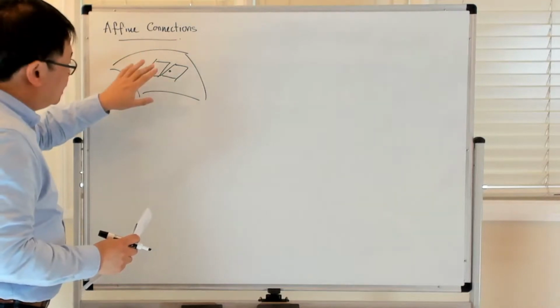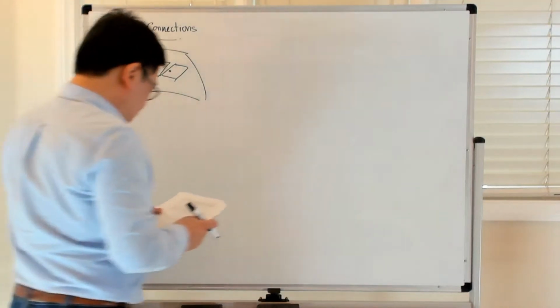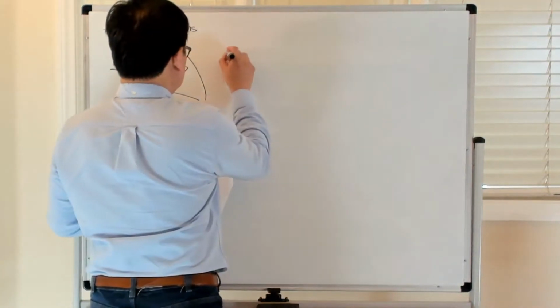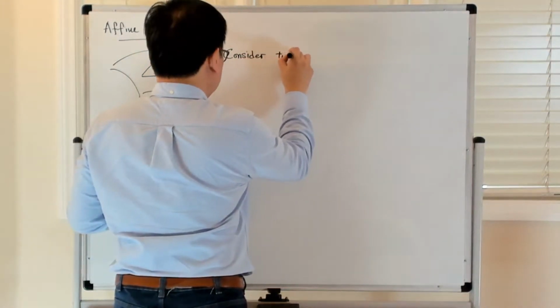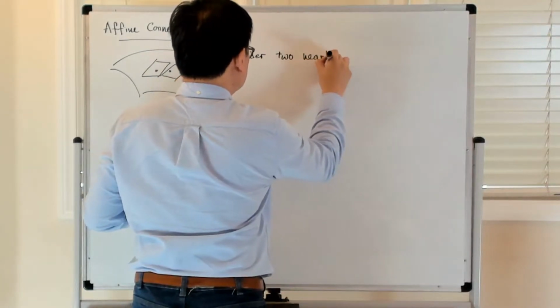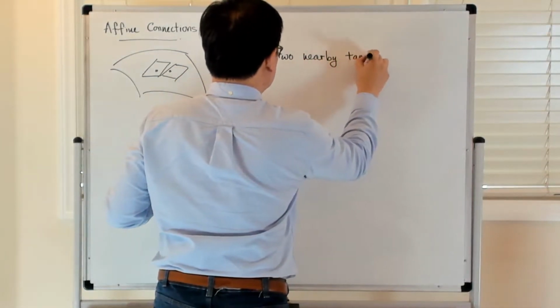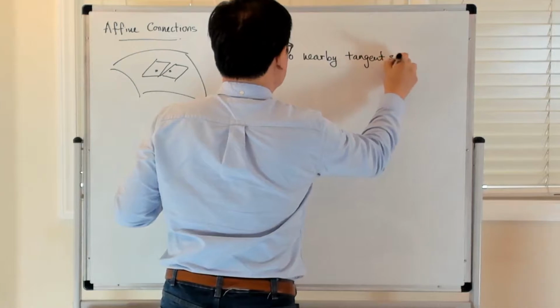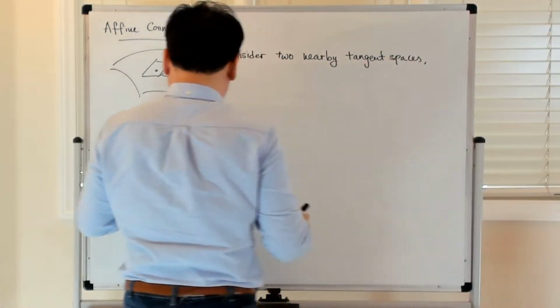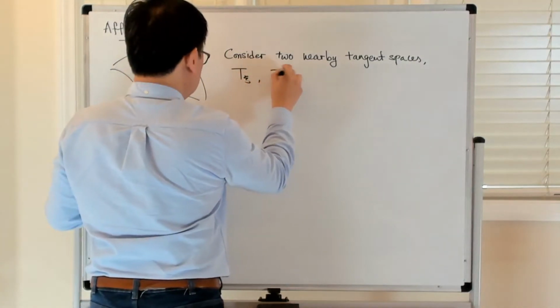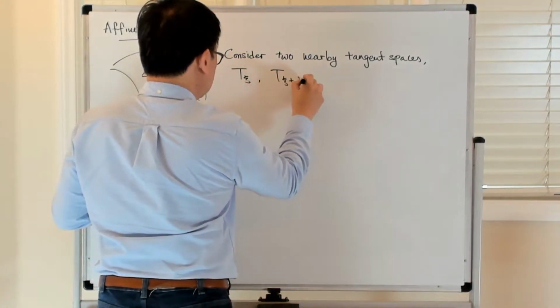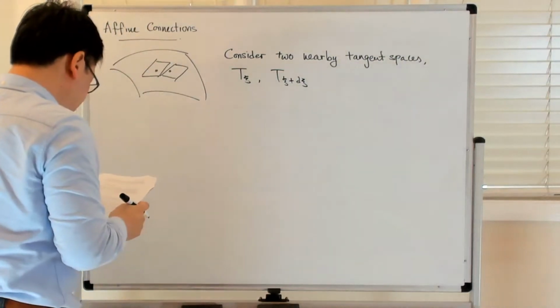Okay, so what we're going to do now is look at what happens when you have two tangent spaces for two nearby points. So let's consider two nearby tangent spaces, T at x and T at x plus dx.